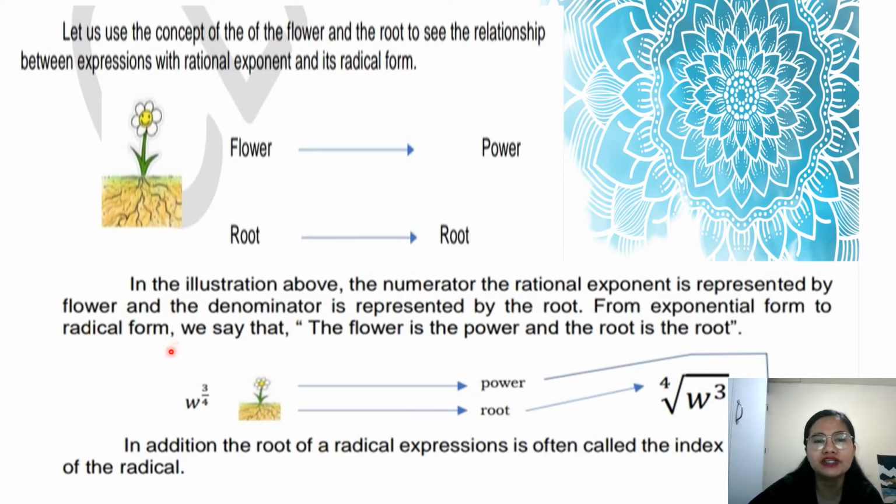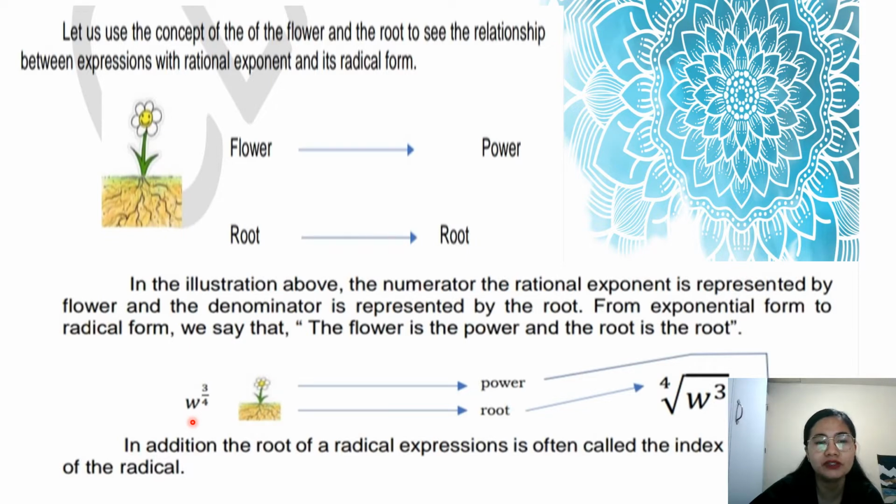In the illustration above, the numerator of the rational exponent is represented by the flower and the denominator is represented by the root. From exponential form to radical form, we say that the flower is the power and the root is the root.